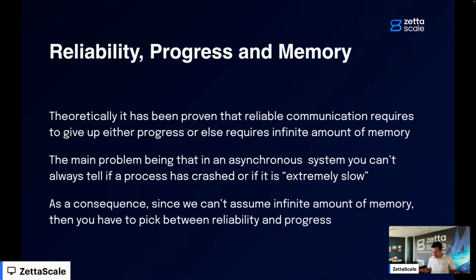But then you come into the real world, right? When we are engineers, we need to build systems, and you say, but I actually can't give up progress either, right? But if you can't give up progress, that means you give up reliability. But sometimes you say, yeah, but I can't give up reliability either. Yeah, but well, know that there is an impossibility result.